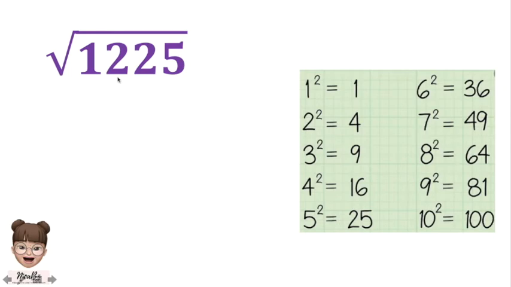Since this is 5, we look at the squares of the first 10 counting numbers and check among these numbers which one will give you a 5. So in here it's 25. That means to say that this number must have come from a 5 and another 5.